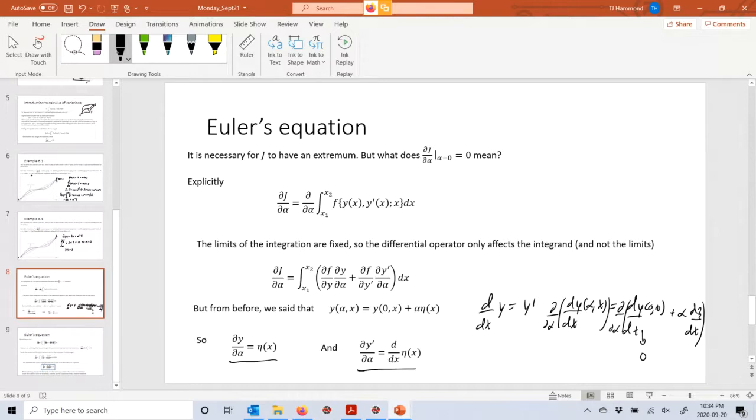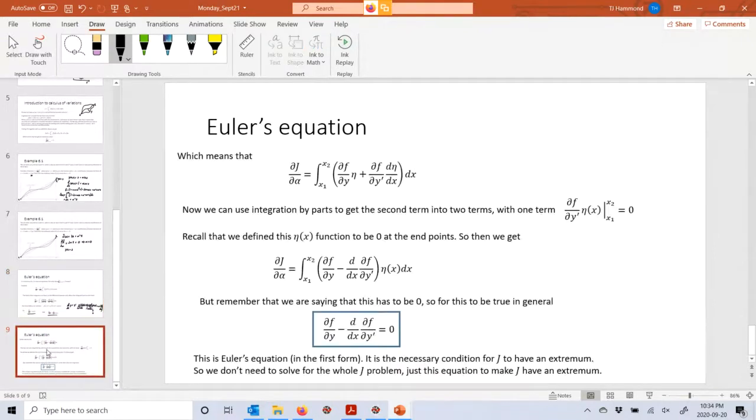And so what we get is dy prime by d alpha is equal to d by dx of eta of x. Okay? So we can substitute that in here for eta, and we can substitute this in here for d eta by dx.